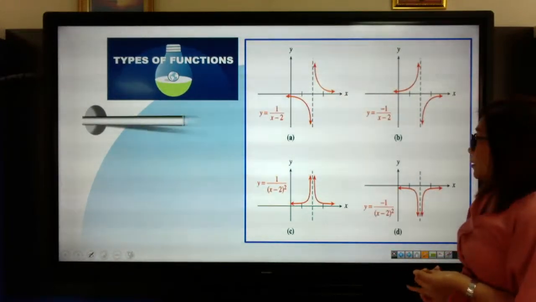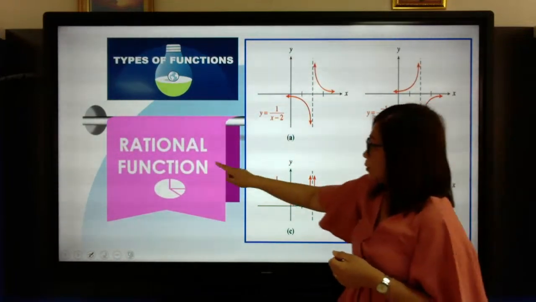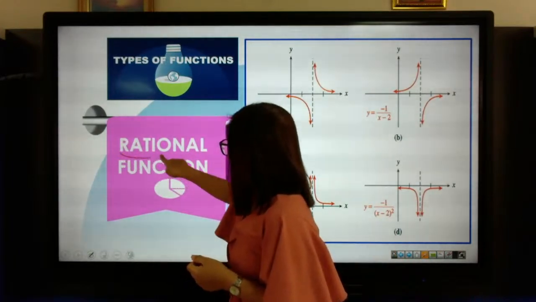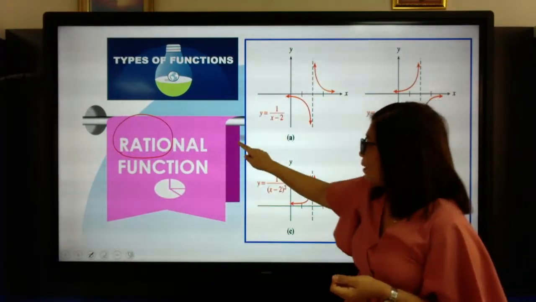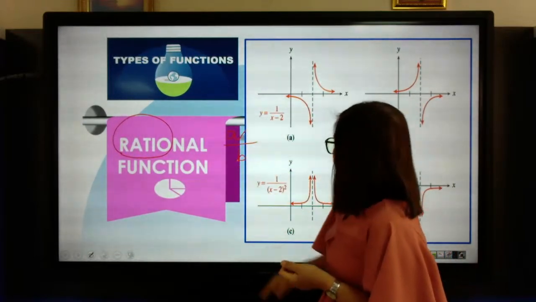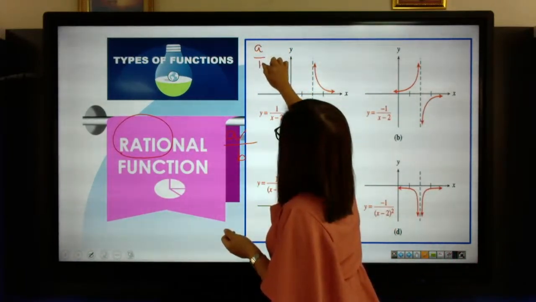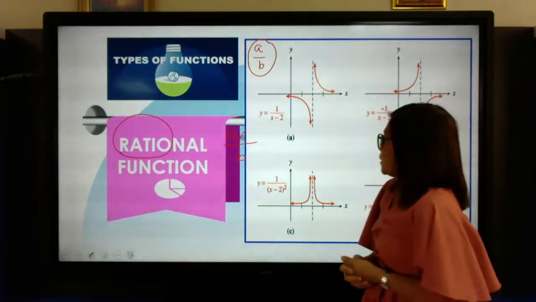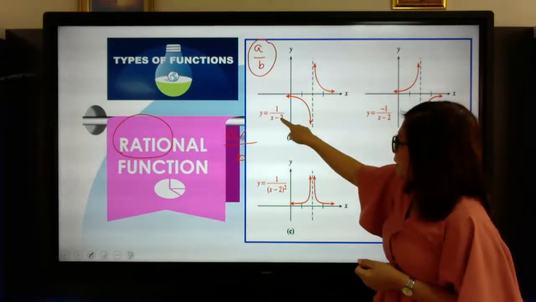Okay, the next is the rational function. The root word is ratio. When we say ratio, it is in the form of A over B. So, for example, here 1 over x minus 2.